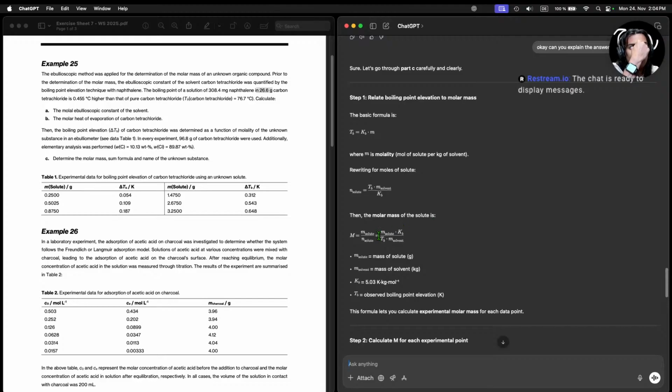Wait, number of moles is given mass divided by molar mass, right? This is the number of moles. Number of moles equals given mass divided by molar mass. So molar mass. Okay.